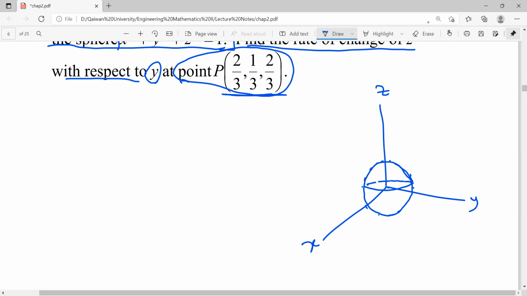That means it takes 1 unit from each of the axes, from the x-axis, from y, and from the z-axis, in both directions, positive and negative. We have it at the origin, and its radius is 1.